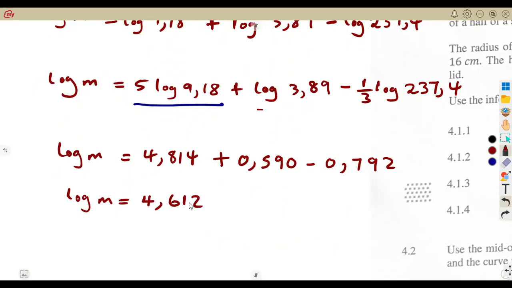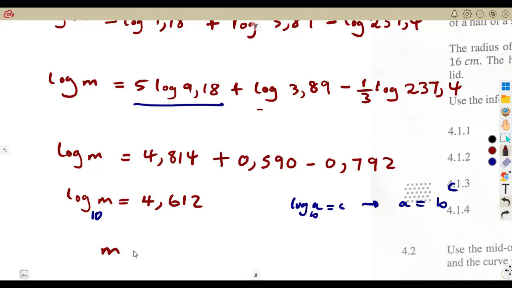4,612. Remember, you need to calculate m, and we talked about this previously, in base 10. Remember when I was talking about that conversion, the log A, B, C concept: log A in base of B is equal to C can be converted as A is equal to B to the exponent of C. So this is M that we need.